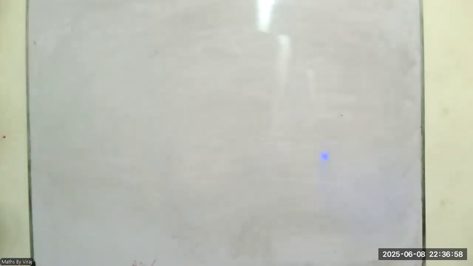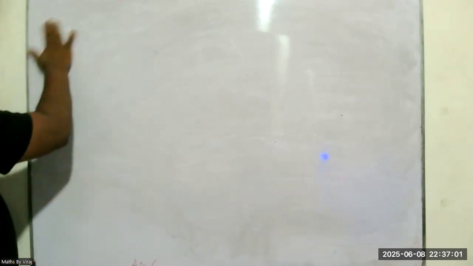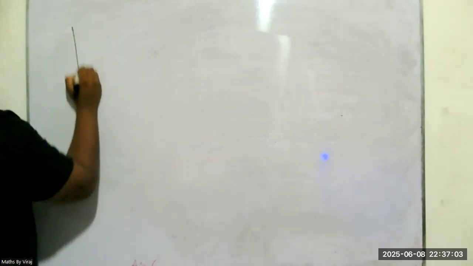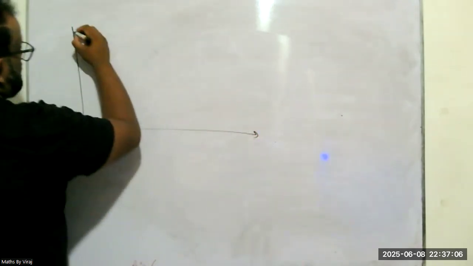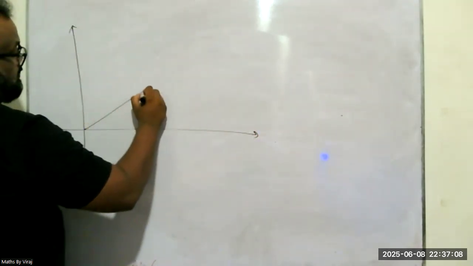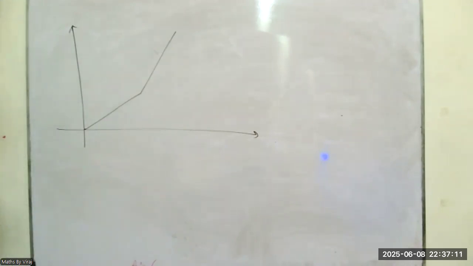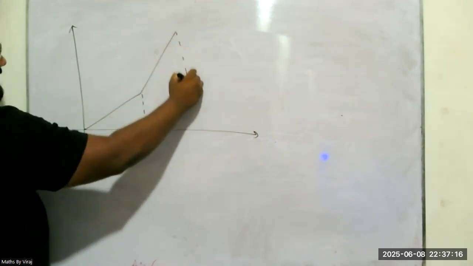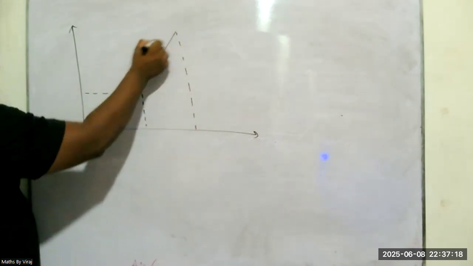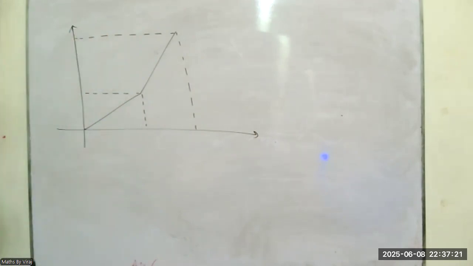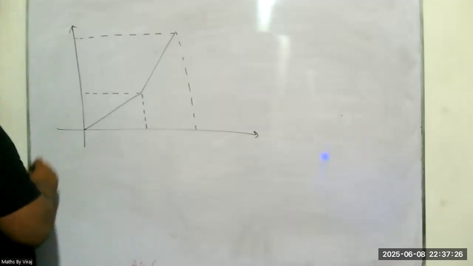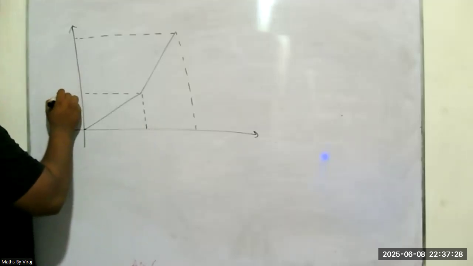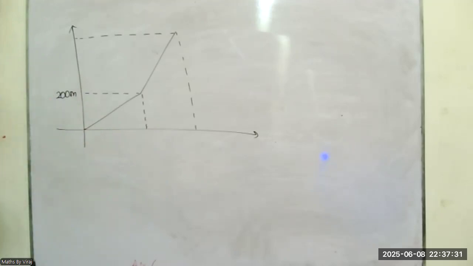Now let's try to understand another simple graph. We can say that the time taken and the distance. Let's say that here the distance it has reached is 200 meters.